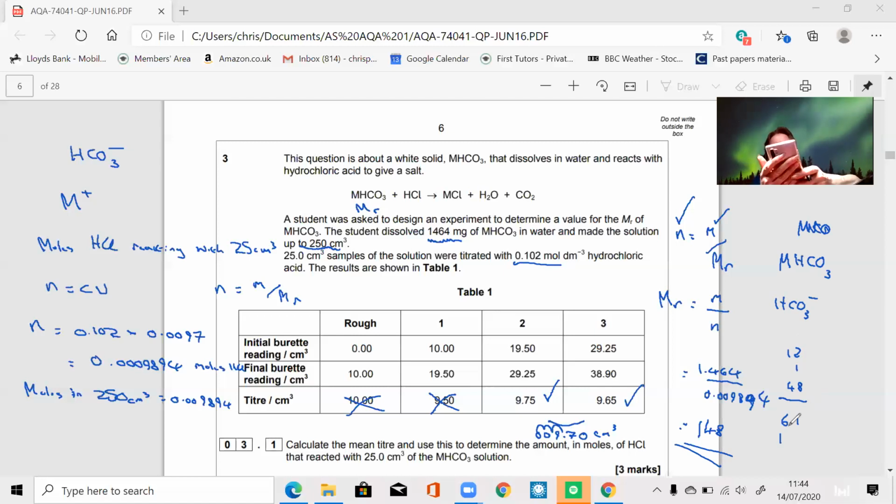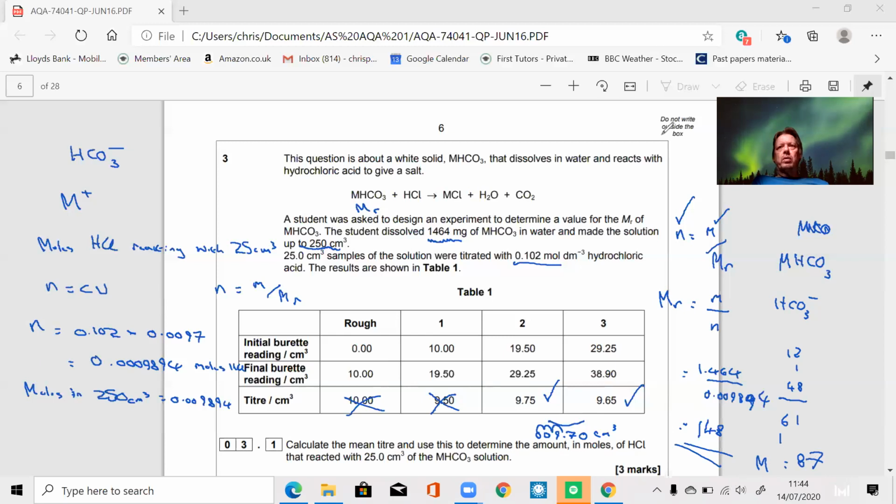So we do 148 minus 61. That should give us the atomic mass of the element. And it comes out at 87. That's just a little extra. I think that's francium. I don't know. I think it's francium. But that's the answer. It's 148.